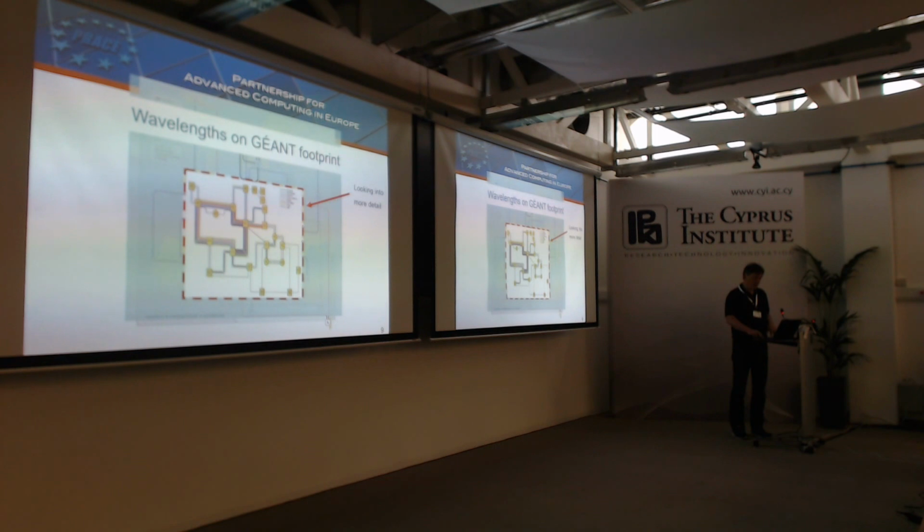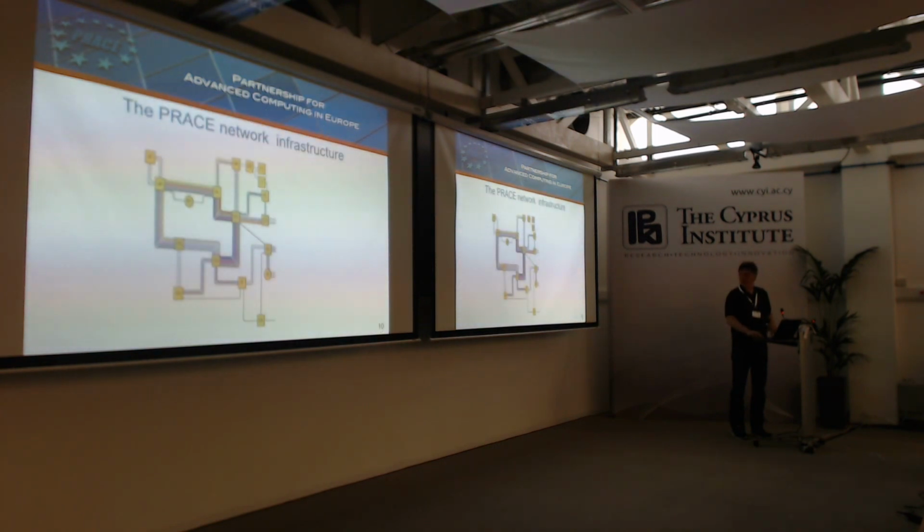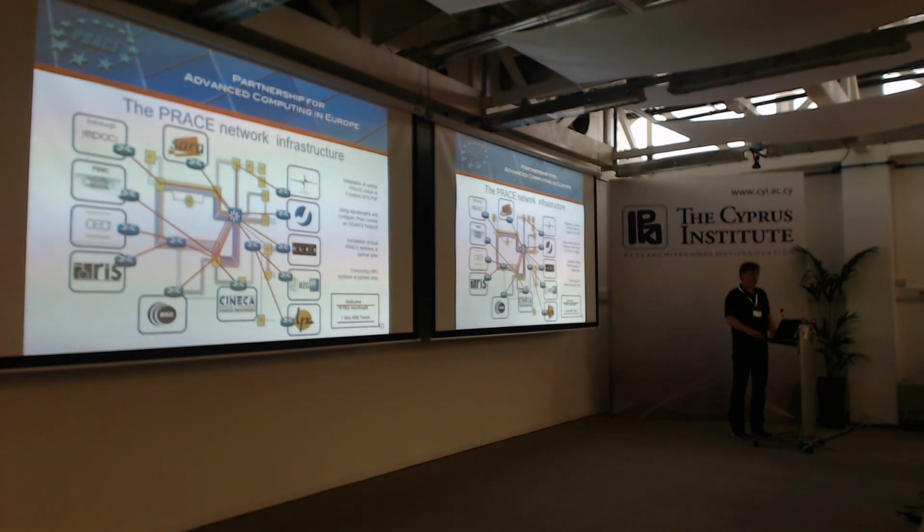And what we did was just ask for some of those wavelengths, setting it up as a switch or layer 2, layer 3 router in Frankfurt, using some of those wavelengths, putting switches or routers at the end of those, and connecting the supercomputers.